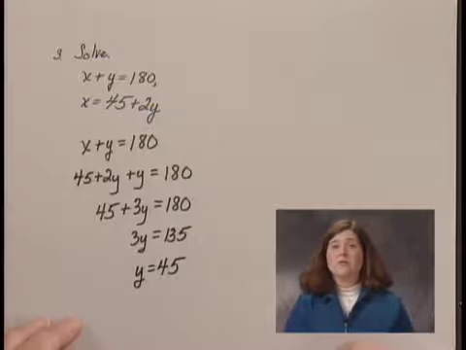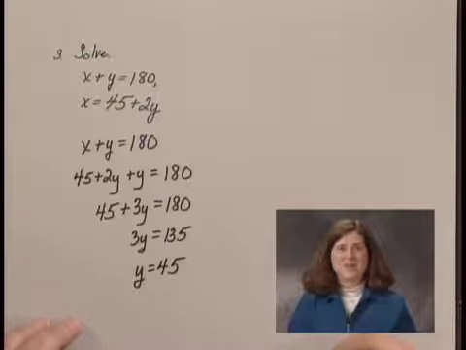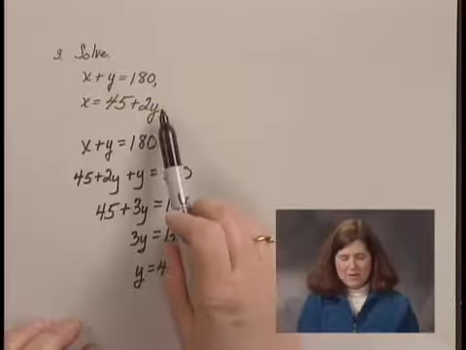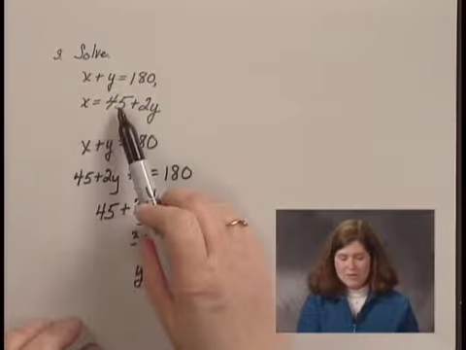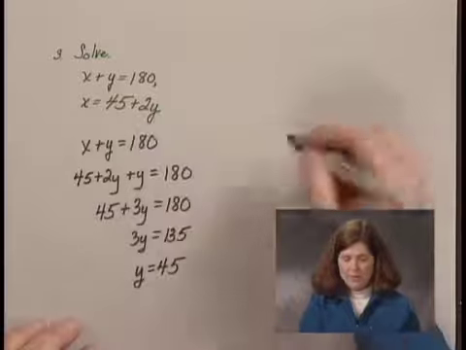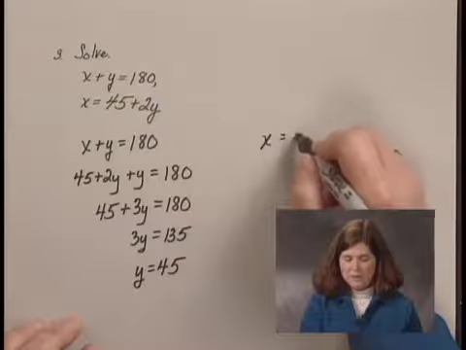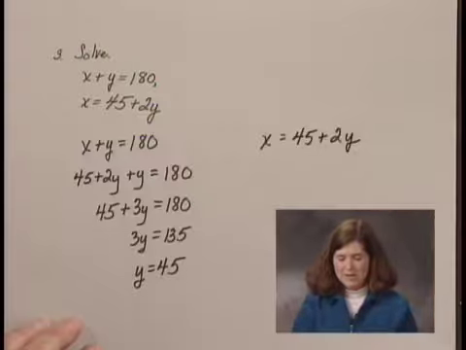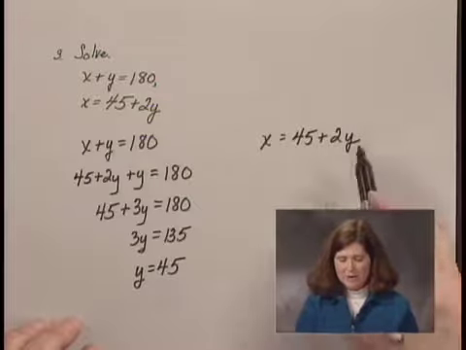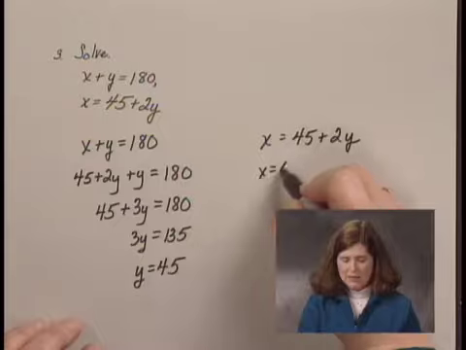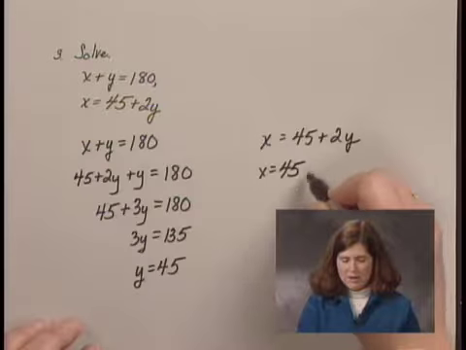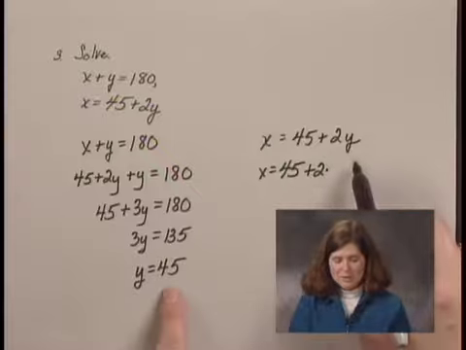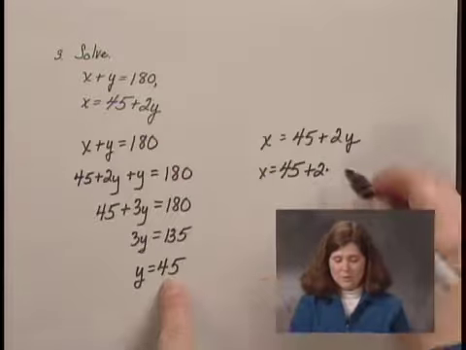This gives me the measure of one of the angles. I need to find the measure of the other one, and that would be x. I see from my second equation that x is 45 plus 2y. So x equals 45 plus twice the measure of the smaller angle, or 2y. x is 45 plus 2 times, now this 45 I'm going to substitute here comes from here, y is 45.